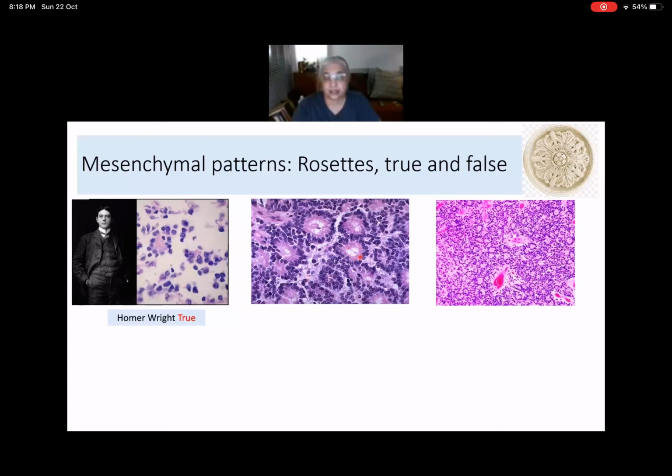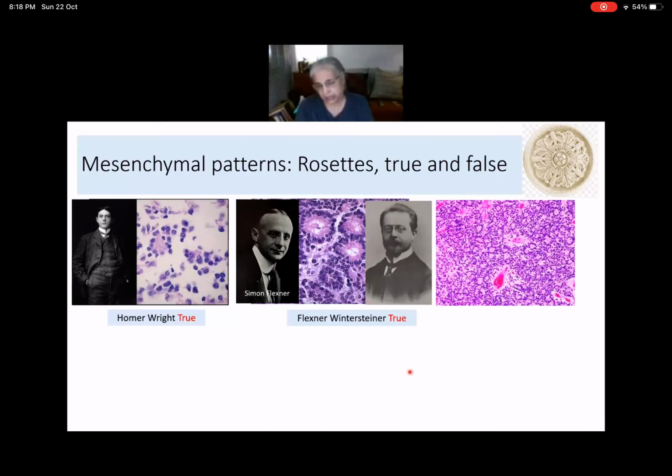We said lobe, lobule; we are saying rose, rosette. So this is a small rose. And you see that this, unlike this, has got a lumen in the center and has a limiting membrane. Now this is a typical Flexner-Wintersteiner rosette, and it is also said to be true.